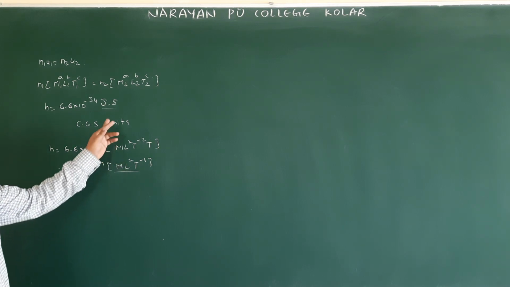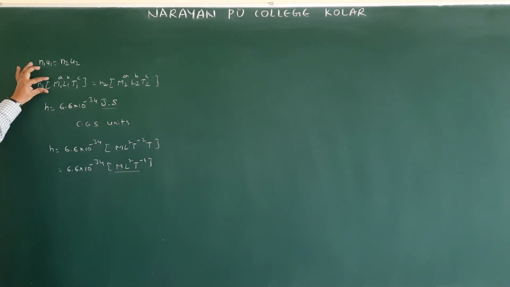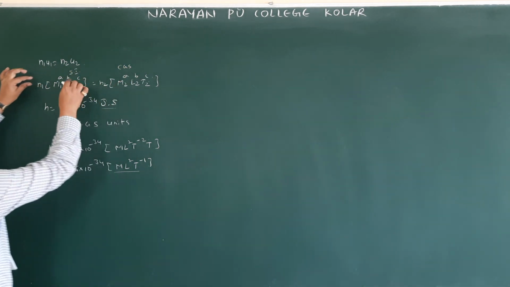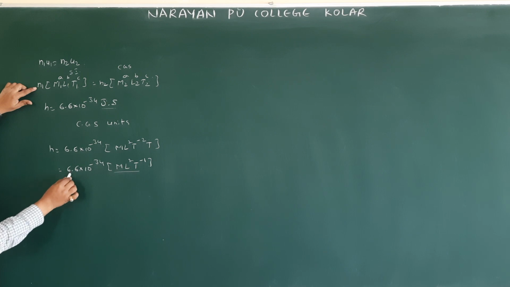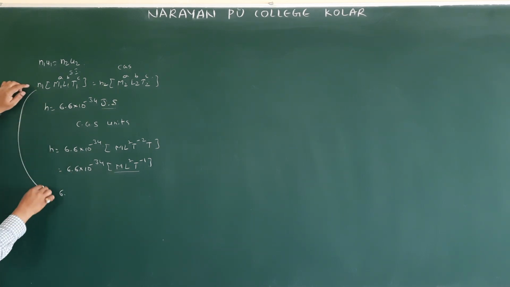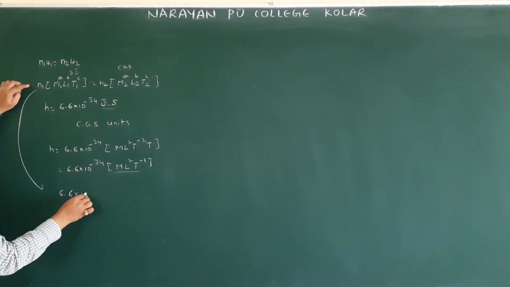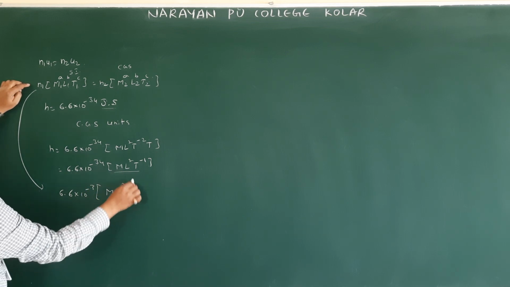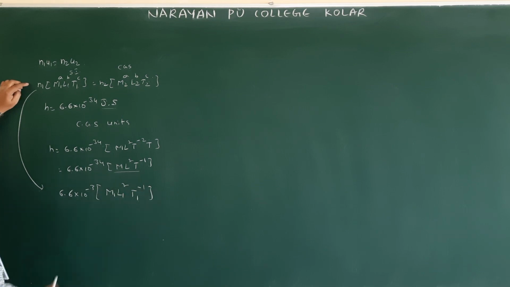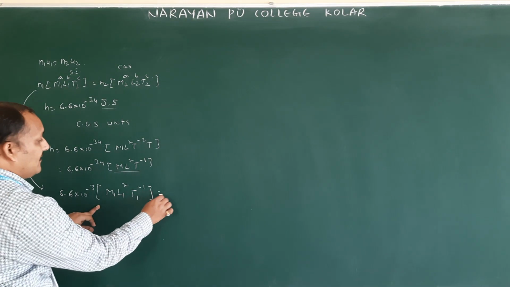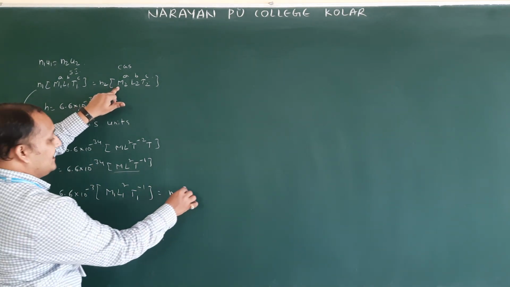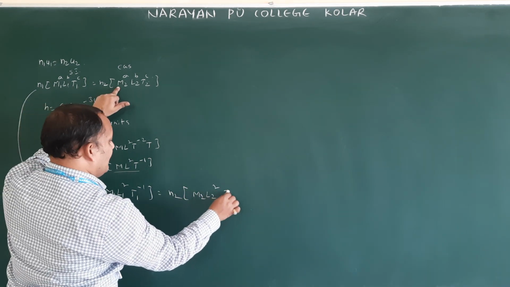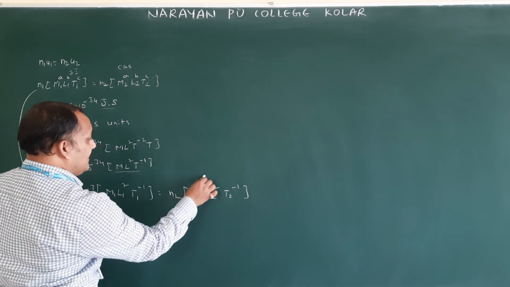SI system. Now we should convert it to CGS system. In SI system, n1 value is 6.6 into 10 power minus 34, so M1 L1 square T1 power minus 1 is equal to n2, this is CGS system, M2 L2 square T2 power minus 1. This is in which system?